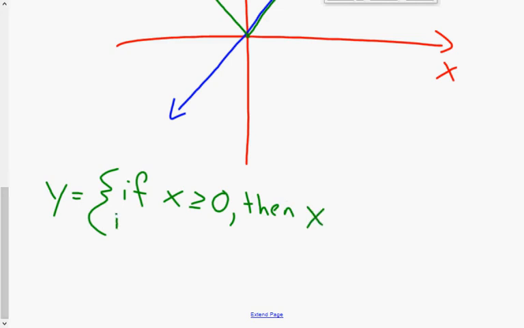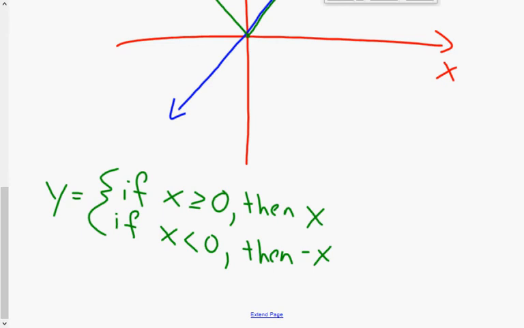And if x is less than 0, it's negative x. Good. The negative x, right? There's two sets of rules here. If x is positive, then it's just x. We don't worry about it. If x is negative, then we have to put a negative in front to make it positive. So there's two rules here for one function. Rule 1, rule 2.